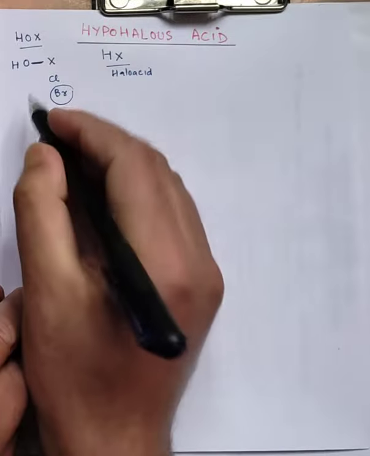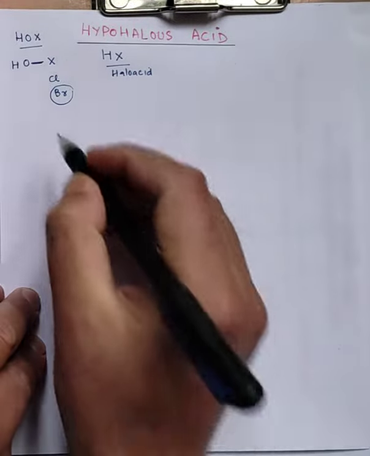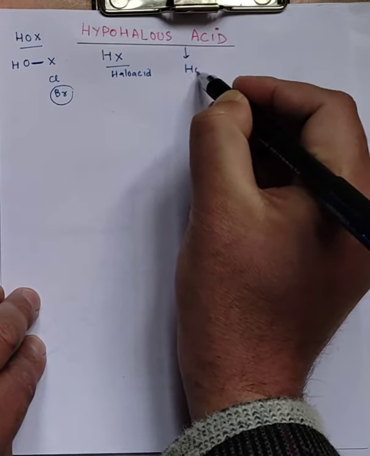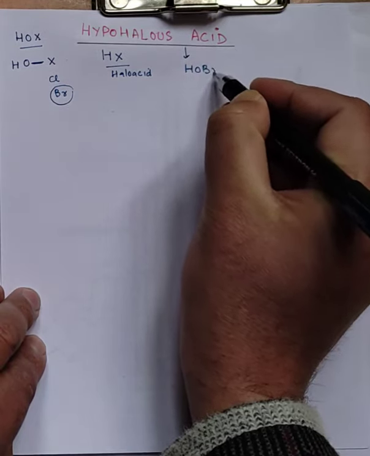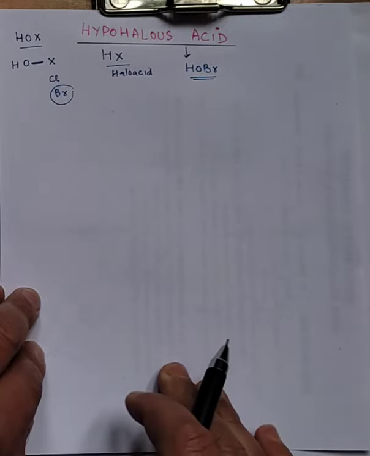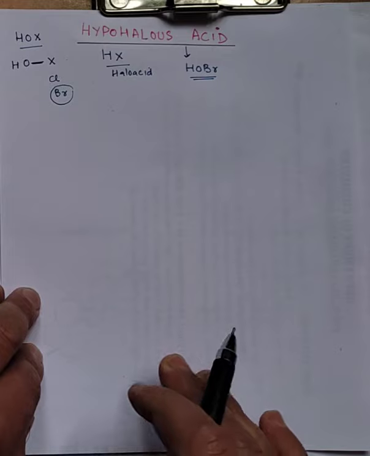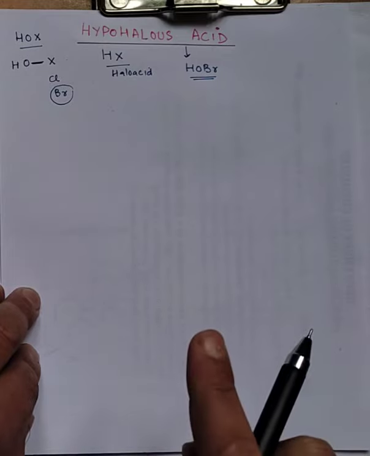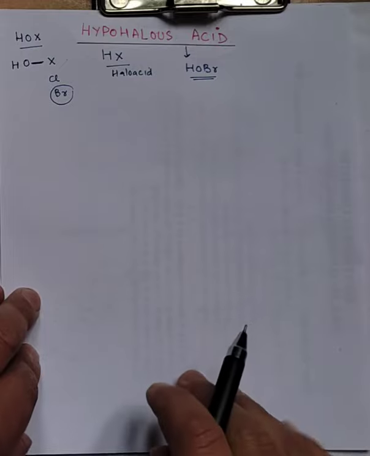It is stable also. So when I say hypohalous acid, in this class I'll be talking about HOBr, hypobromous acid. ठीक है? So I'll be using HOBr as a reagent, oxidizing agent.